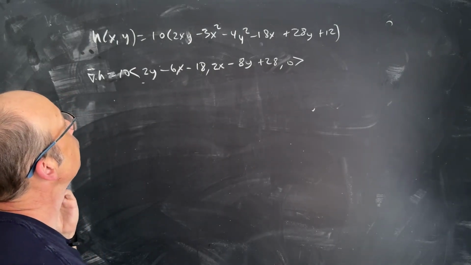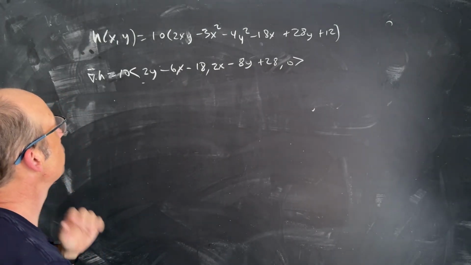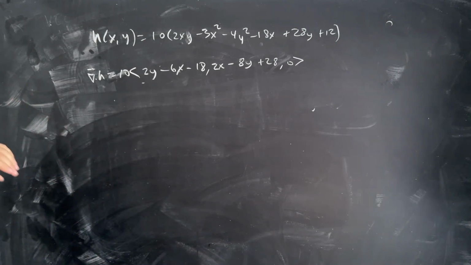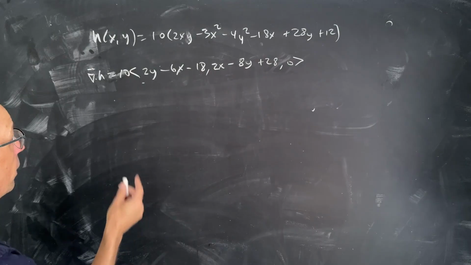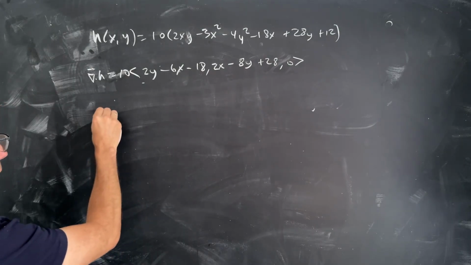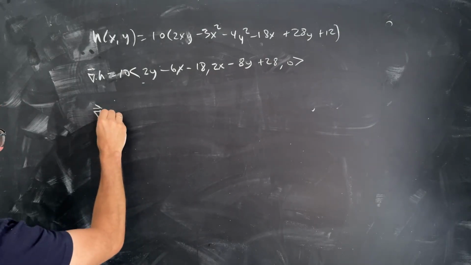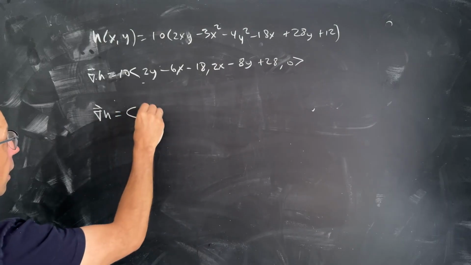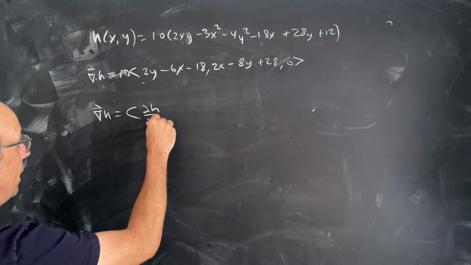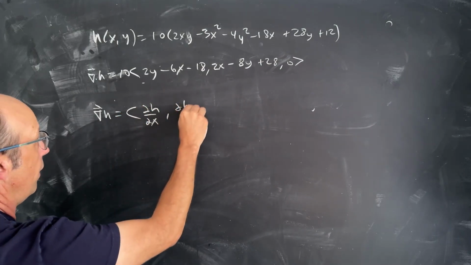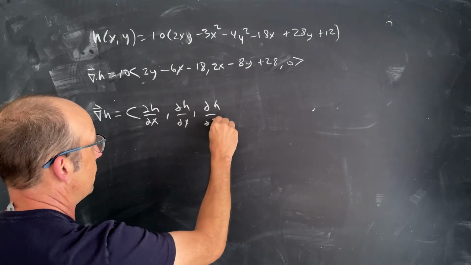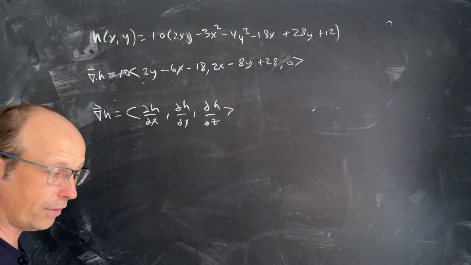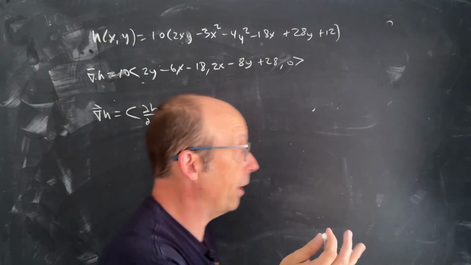Okay, so now suppose I want to do this derivative. I want to say del of h is equal to the partial of h with respect to x, the partial of h with respect to y, the partial of h with respect to z. So how do you take partial derivatives numerically? Imagine I have actual numerical data.